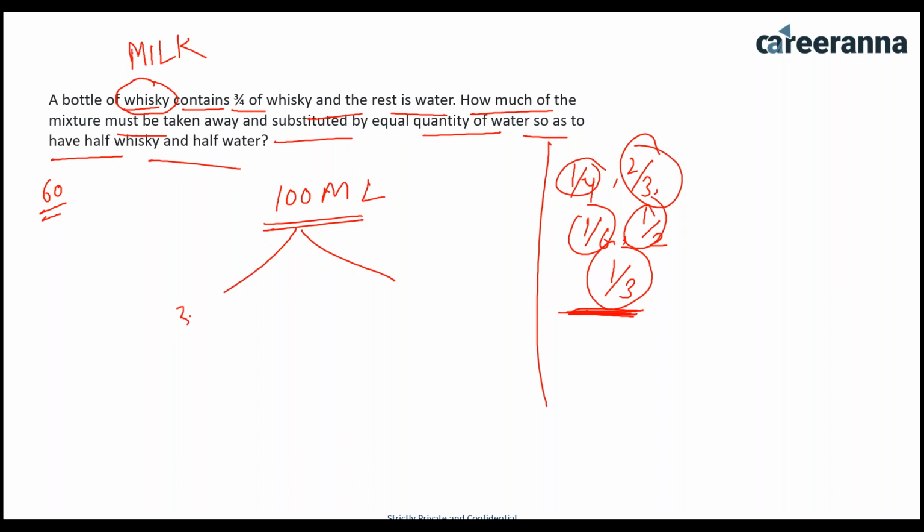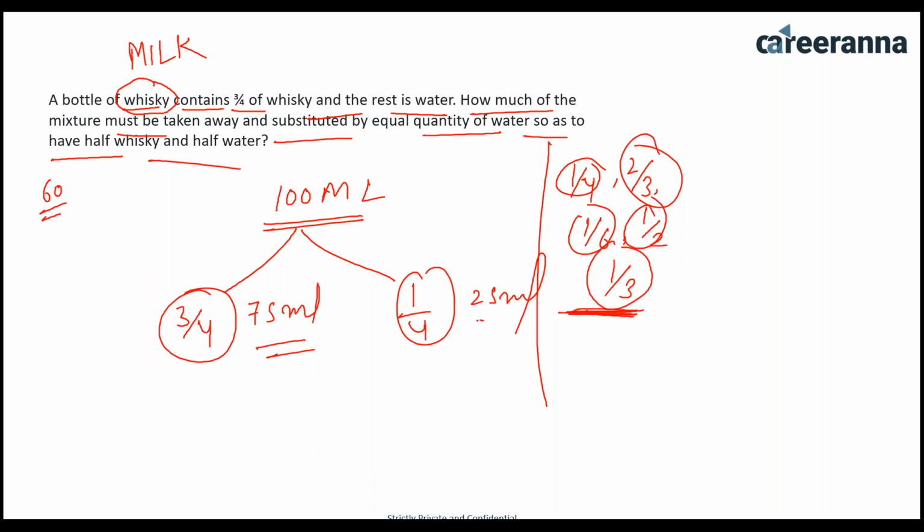One will be 3 by 4 and the second will be 1 by 4. 3 by 4 of this number is 75 and this will be 25 ml. Guys, it will be 75 ml and 25 ml. Am I audible to all? Say yes or no.